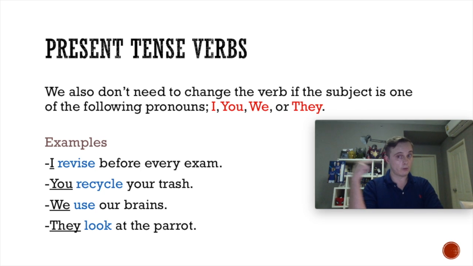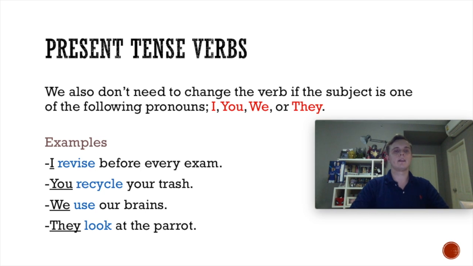I refers to one person, me. And you can be one person or a group of people. So, don't get trapped into thinking that you only leave the verb as it is when you have a plural in the subject, because we can also leave the verb as it is with a singular pronoun.